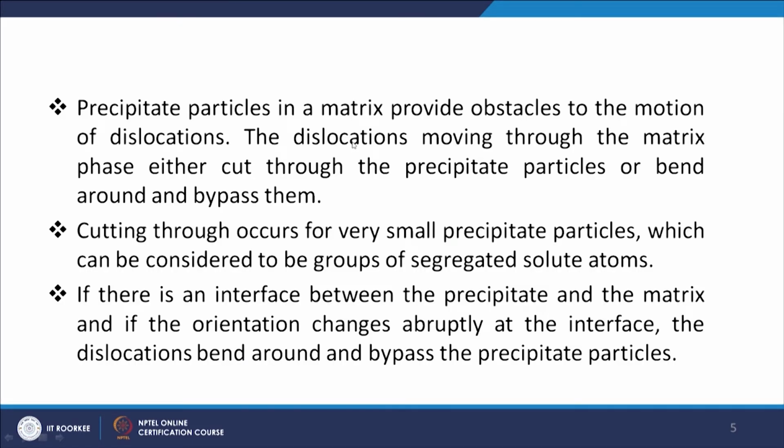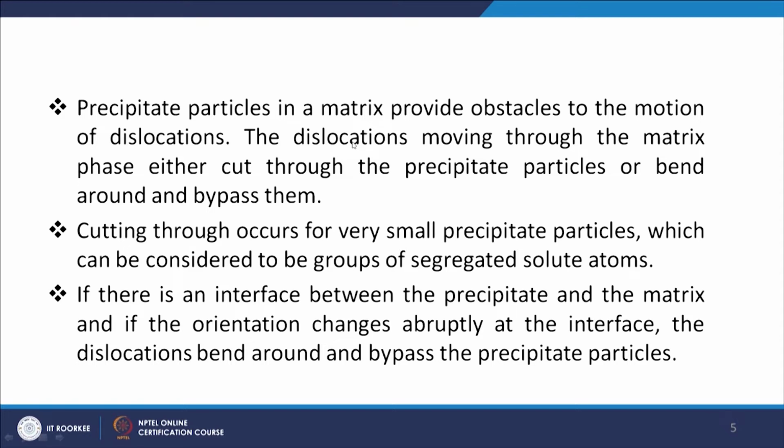So, precipitate particles in a matrix provide obstacles to the motion of dislocations. Now, dislocations moving through the matrix phase either cut through the precipitate particle or bend around and bypass them. Cutting through occurs for very small precipitate particles, which can be considered to be groups of segregated solute atoms.